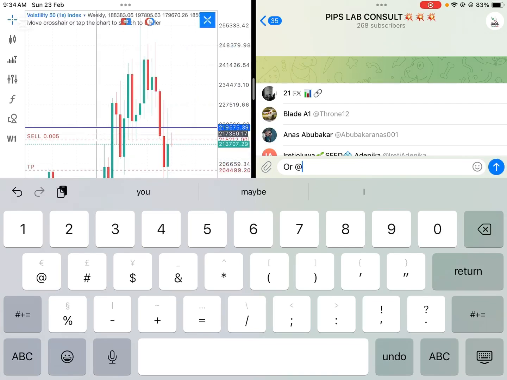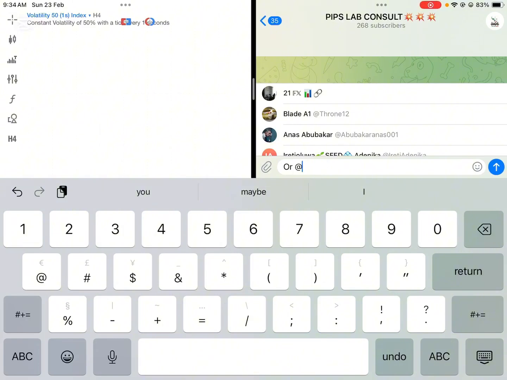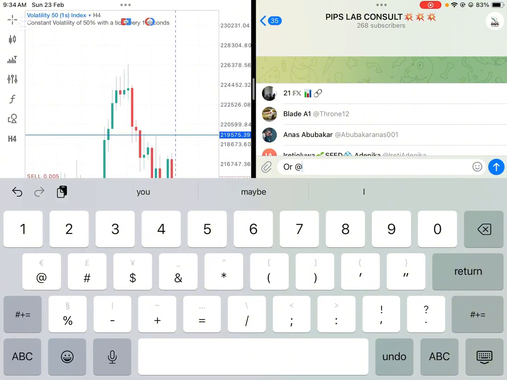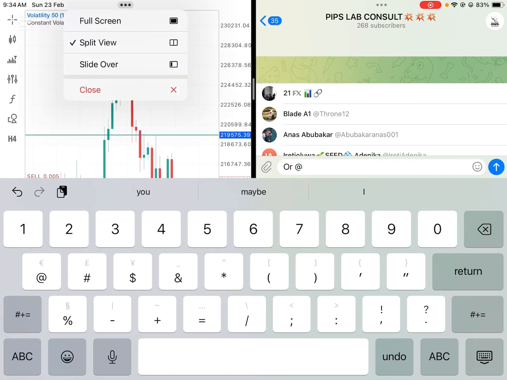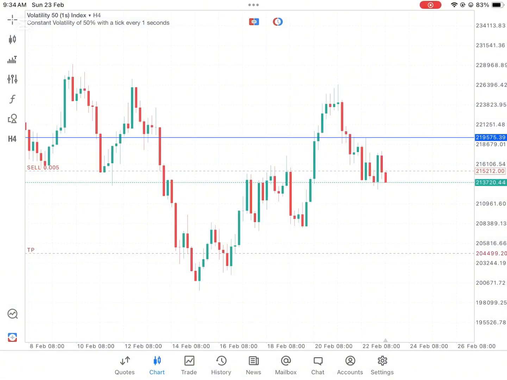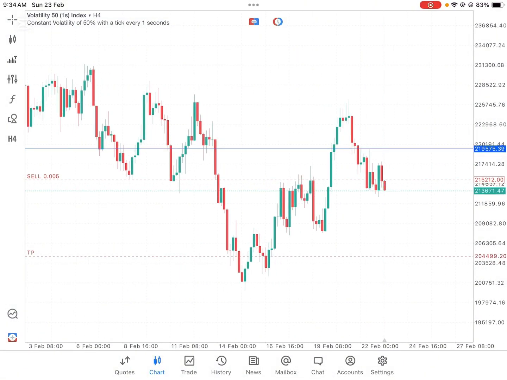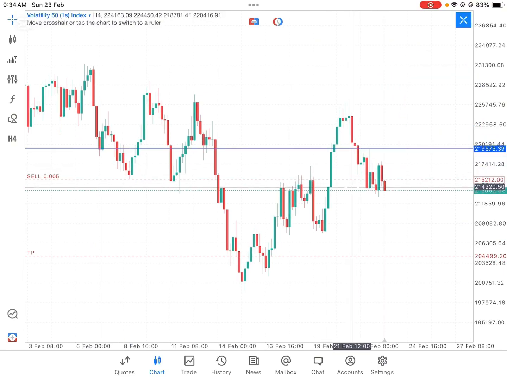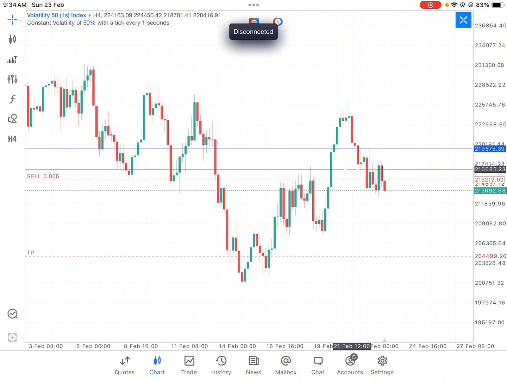Or at this area, that's if it comes back up. I doubt if it's going to come back up. But in case it comes back up on full screen, let's see. We should enter around here.